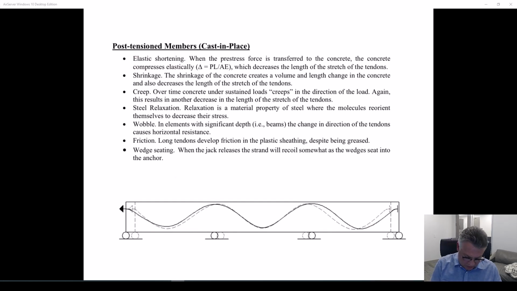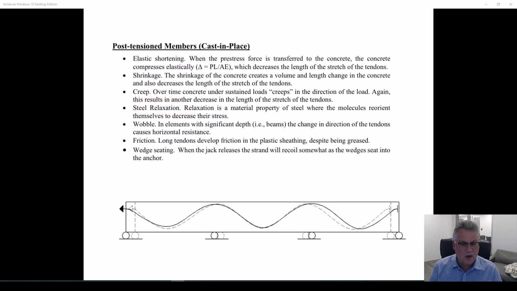So it's not just the shrinkage, it's not just the elastic shortening, but another component of that will be the creep. If we're going to compress the beam over time, it's going to creep axially, and that again is another component that causes this tendon to basically be shorter or less stretched than it was on the first day of its life.